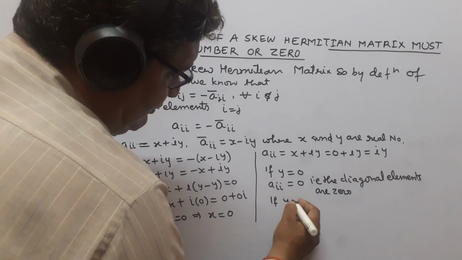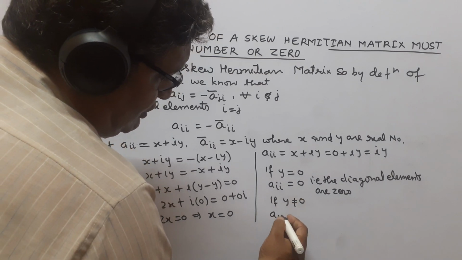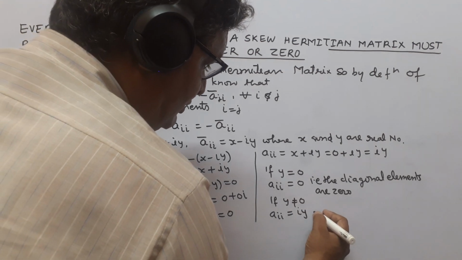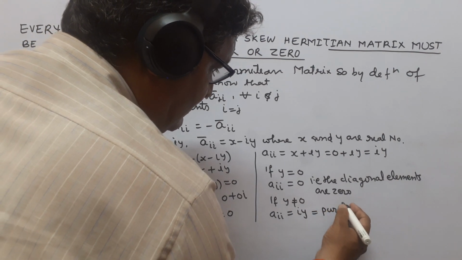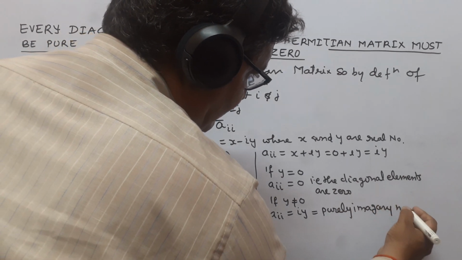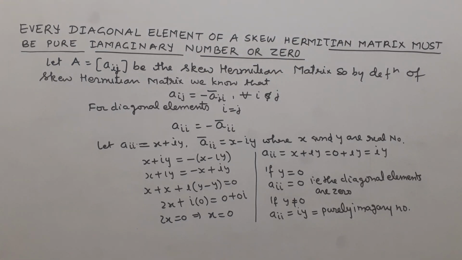If we take y not equal to 0, then aii is equal to iy, so this is a purely imaginary number. So we can say that if the given matrix is a skew Hermitian matrix, its diagonal elements are purely imaginary numbers or 0.